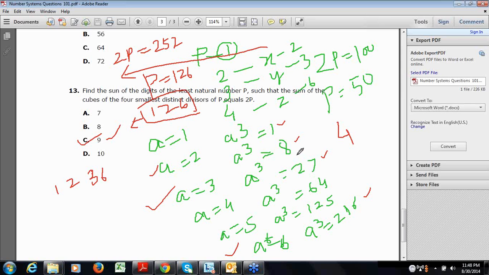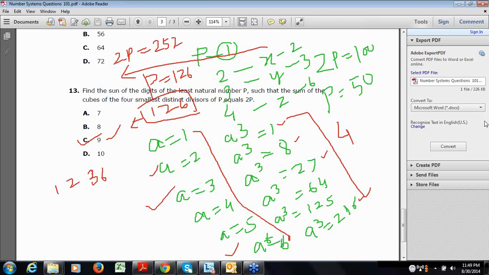The divisors can be the same as the sum of the digits. You can actually see from here. You have to look into this and see which four will be the divisors of this number.